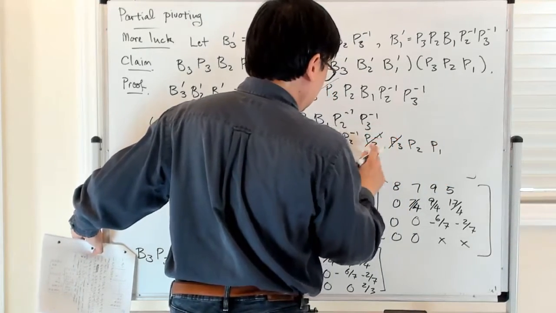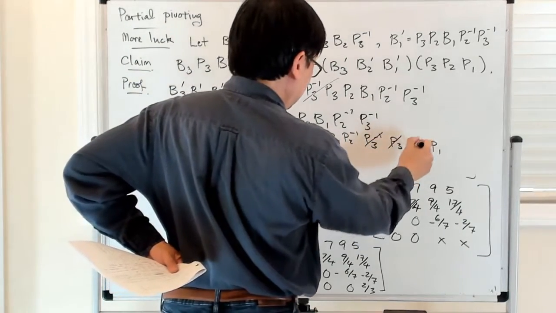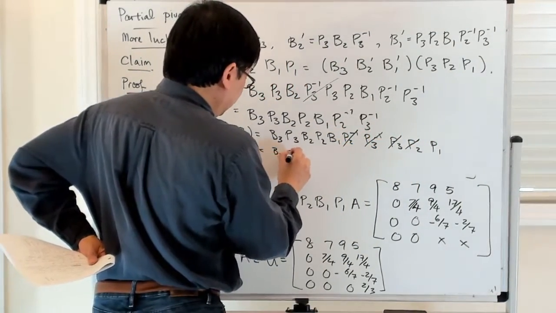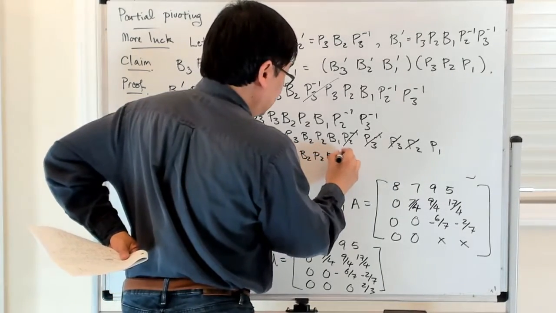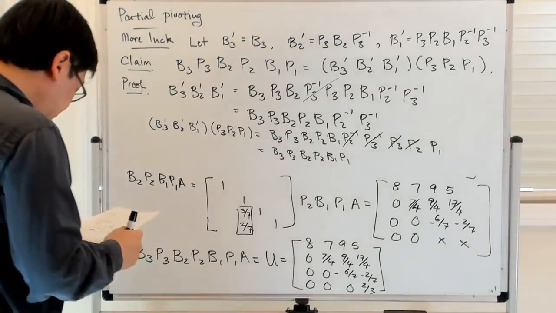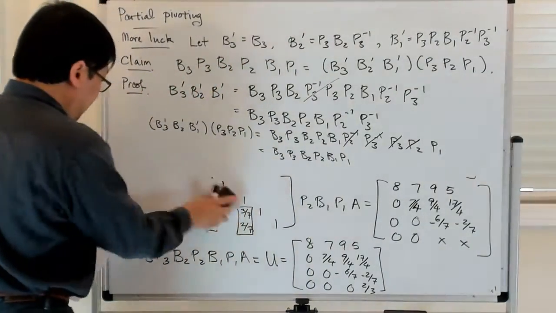So this cancels out to give you the identity, and then P2 inverse times P2 again gives you the identity. So now you're left with B3, P3, B2, P2, B1, P1, which is the left-hand side which we were trying to get. All right, so what's the net effect of this?